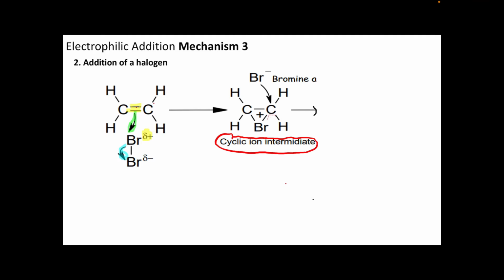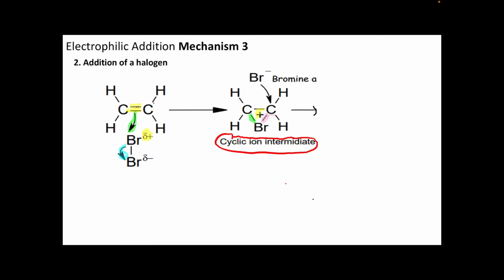So what's happened? Well, if we look at the green arrow, we can see that that is responsible for forming a bond from the carbon to the bromine. This bond is a result of that bromine donating one of its lone pairs to form another bond with a carbon.